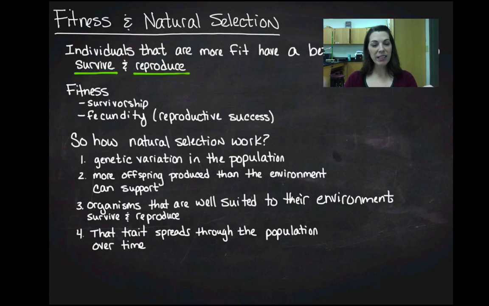What happens is selection acts on individual organisms. So if you're not fit in your ecosystem, if you have a low fitness, like you can't survive, if you don't reproduce, then you have a low fitness, then you are going to be selected against. So if I was a white bunny and the coyote came and ate me, that's strong selection against me.